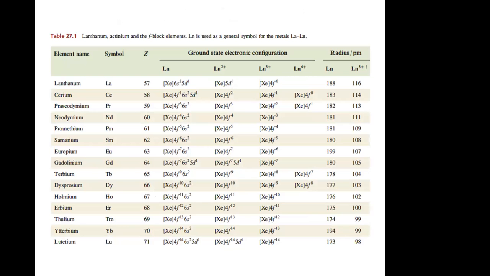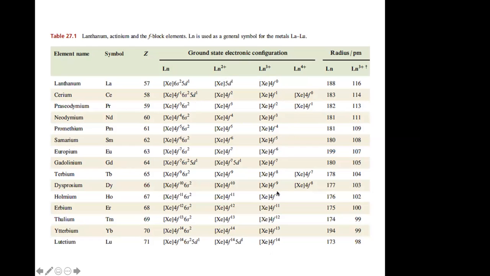So here are the lanthanides in terms of electronic configurations and common oxidation states. You'll note here, this first column is for atomic electron configuration. And then when we oxidize and go to the most common oxidation state, which is lanthanide 3+, you see that all of the valence electrons are in f orbitals, right?